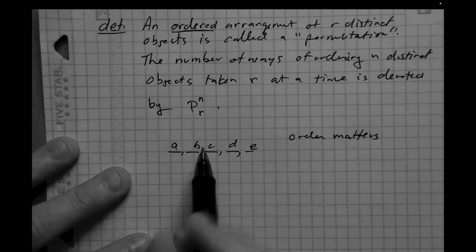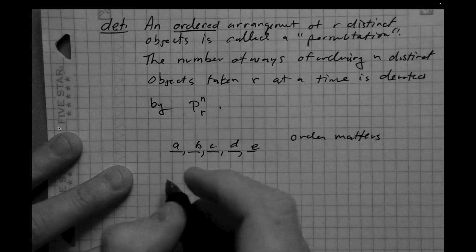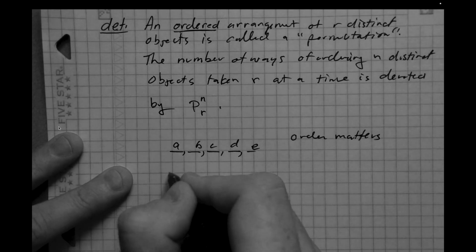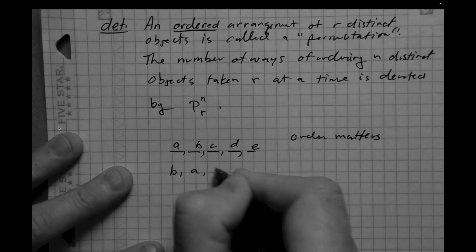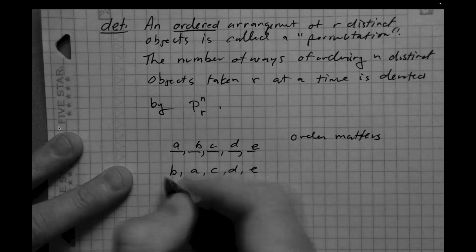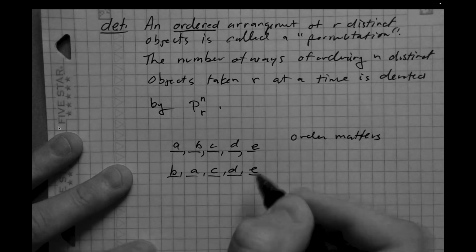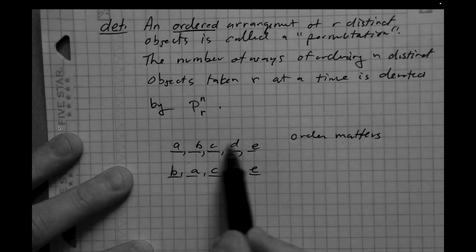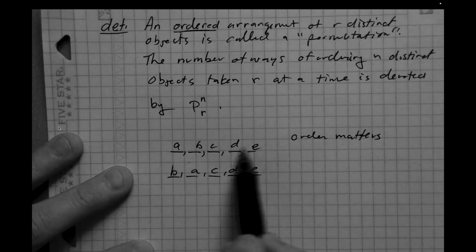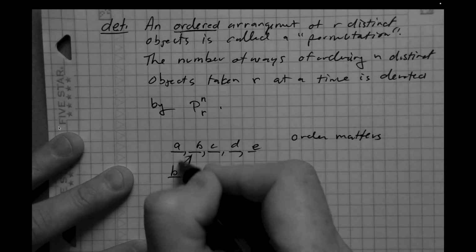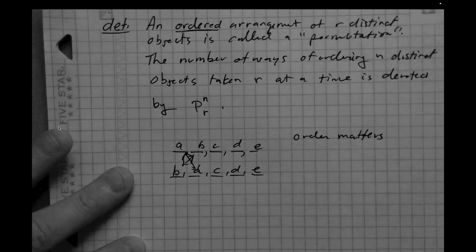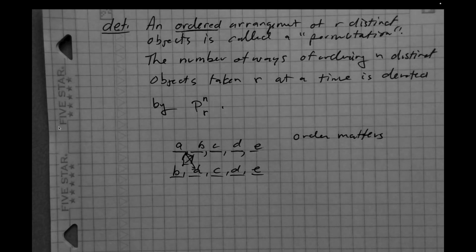So for example, A, B, C, D, E is distinct from B, A, C, D, E, even though these two permutations contain the same elements. Because they're in a different order, we think of them as distinct. This is a subtle point, but make sure you understand it.